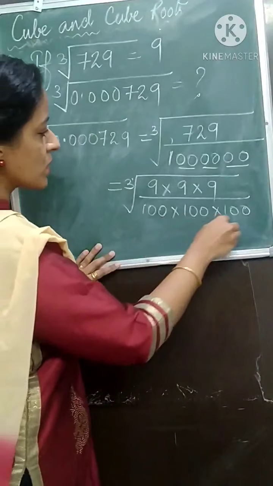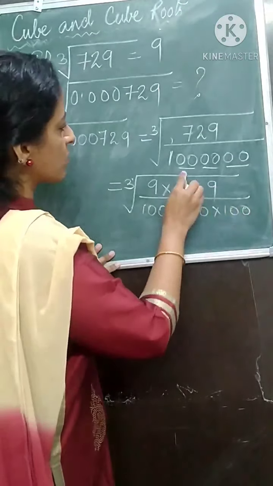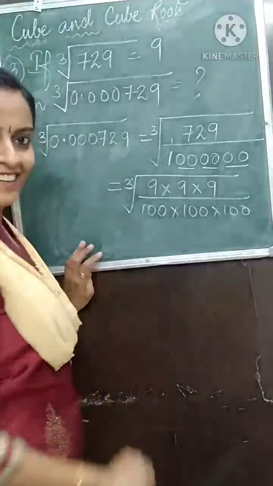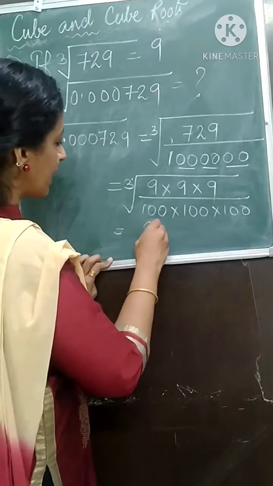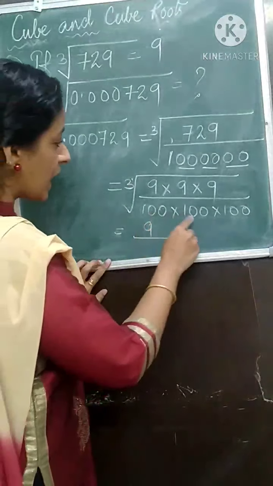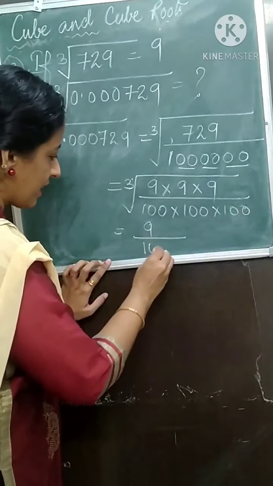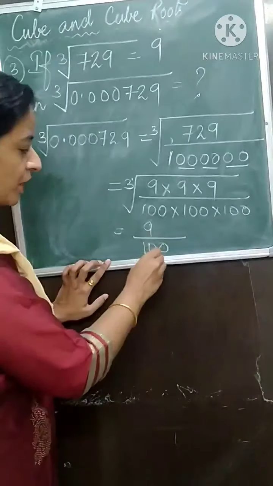Check, 6 zeros are coming: 1, 2, 3, 4, 5, 6. Understood? So from the numerator 9 will come out, from the denominator 100 will come out.